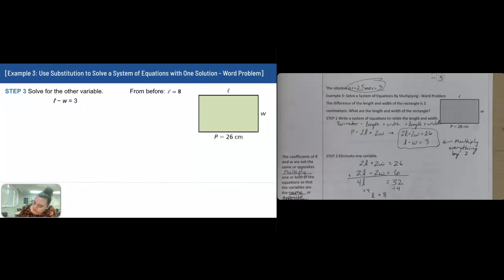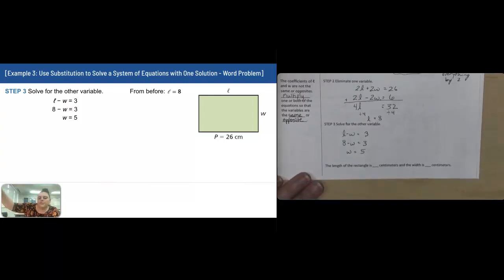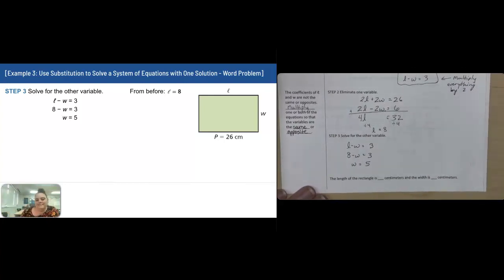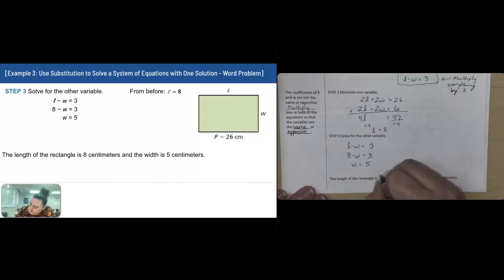So we'll use L minus W equals 3, plug in that 8 minus W equals 3, and then 8 minus what gives us 3? Hopefully you can see that W must be 5 because 8 minus 5 gives us 3. So the length of the rectangle is 8 centimeters and the width of the rectangle is 5.